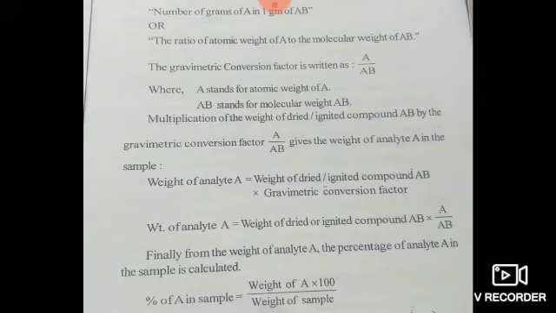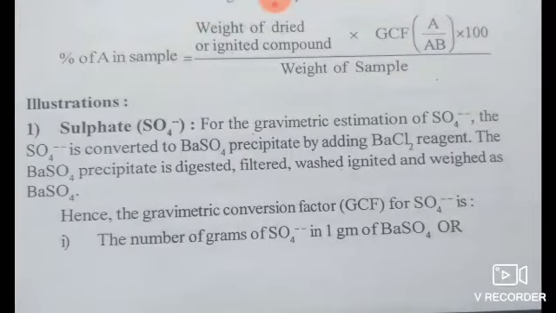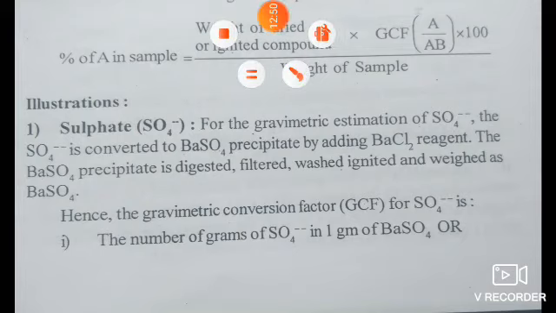Then the percentage of A in the sample is equal to weight of dried or ignited compound into gravimetric conversion factor, that is (A by AB), into 100 divided by the weight of sample. So in this way one can calculate the weight of the analyte present in a given sample.